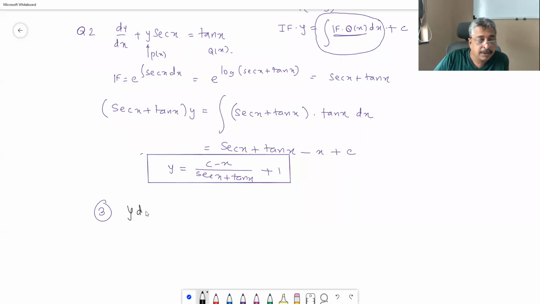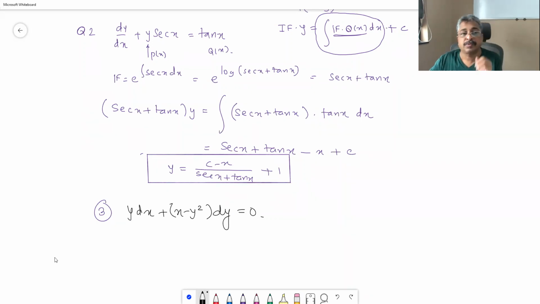y dx plus x minus y square dy is equal to 0. First of all, you have to arrange it in such a way that it looks like FOLD. So it is dx by dy plus 1 upon y times x is equal to y.